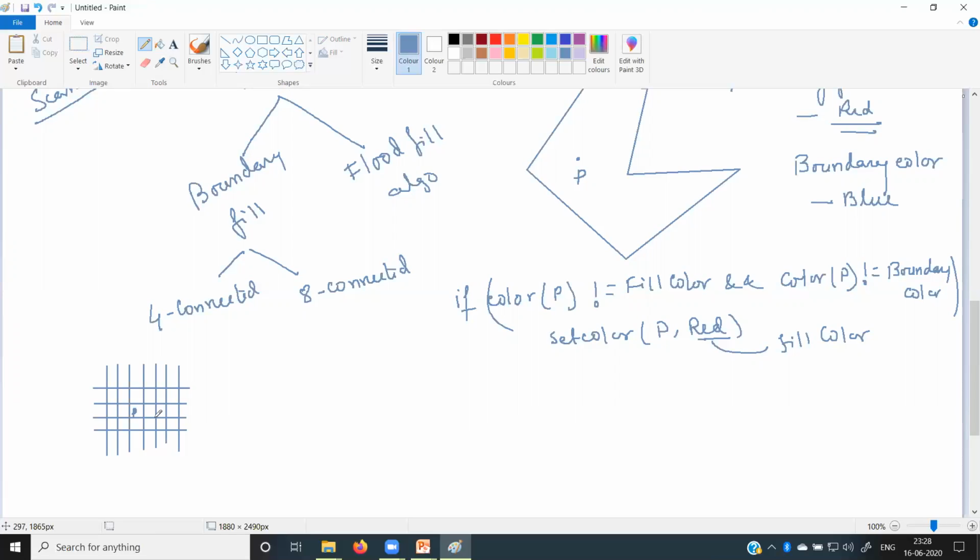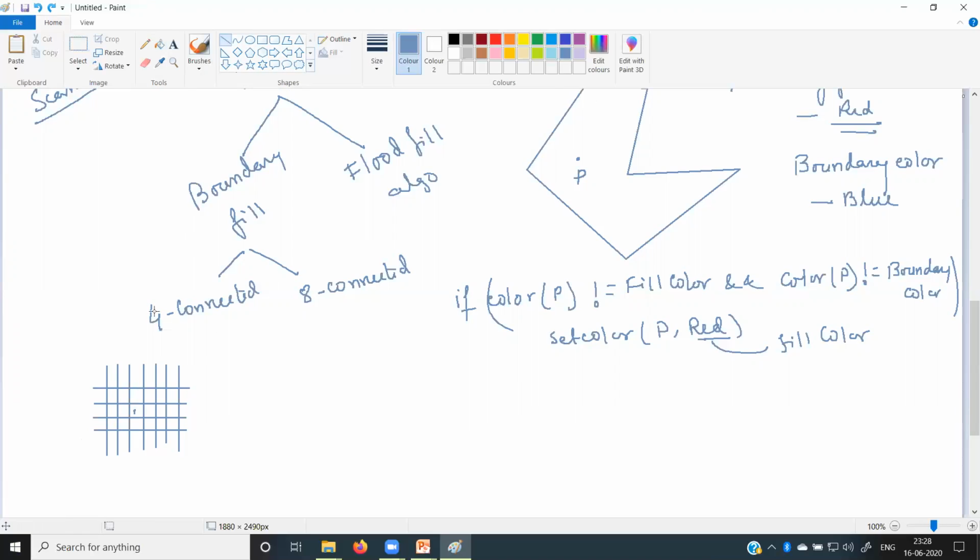Just a minute, I should draw some more grids, then it will be easy for you to understand.